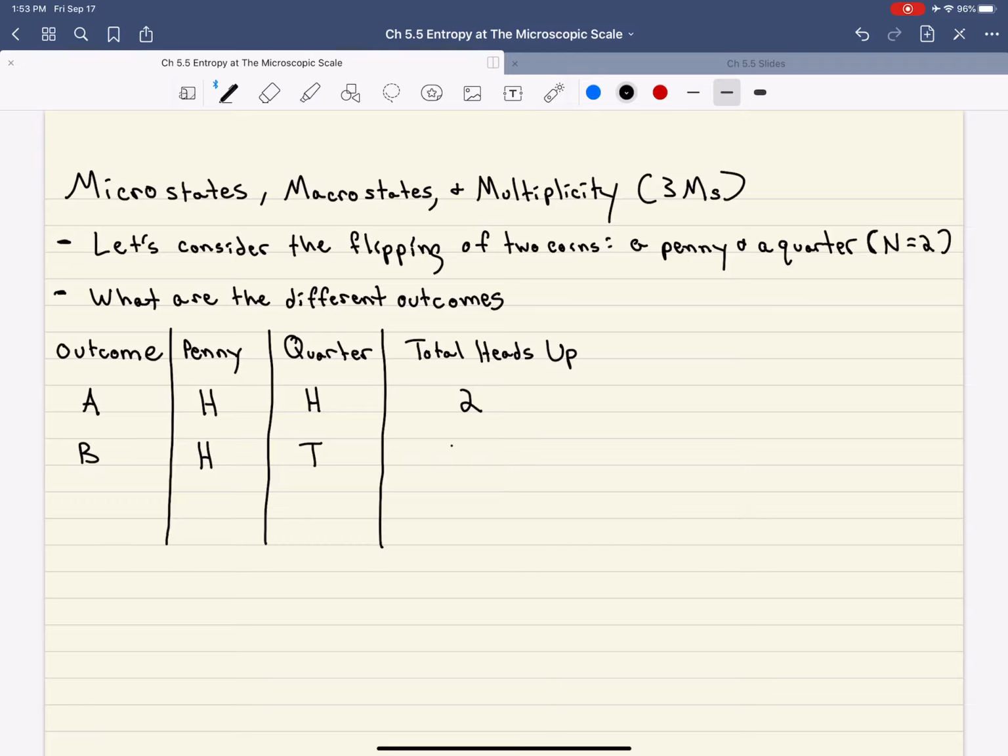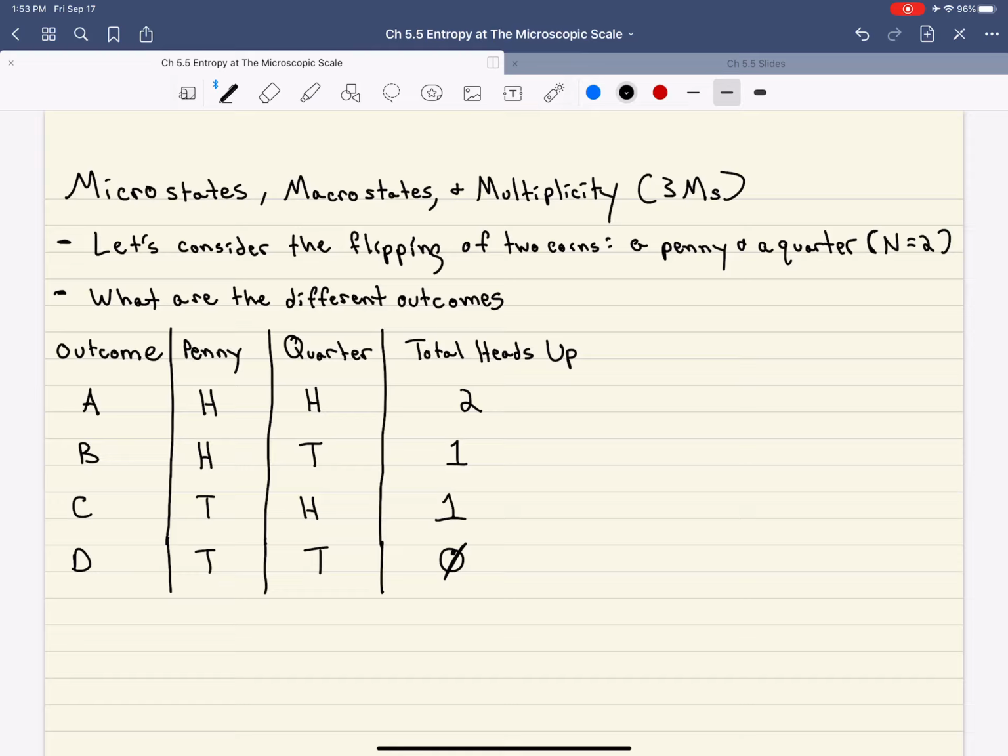In this case, we would only have 1 heads up. The reverse could happen as well, where the quarter lands heads up, but the penny lands tails up. In this case, we also only have 1 total heads. And the last outcome would be the case where both the quarter and the penny land tails up. And so in this case, there are 0 total heads.